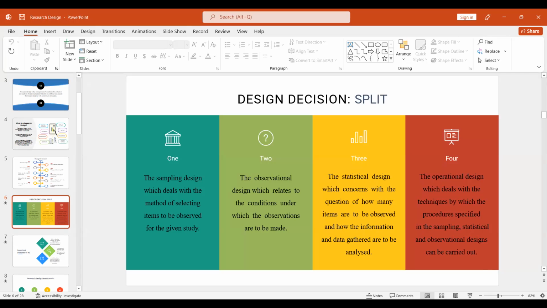The third design decision is statistical design, which concerns the question of how many items are to be observed and how the information and data gathered are to be analyzed. So sometimes some of the data, say for example, in some of the questions, the respondents may not give an answer.